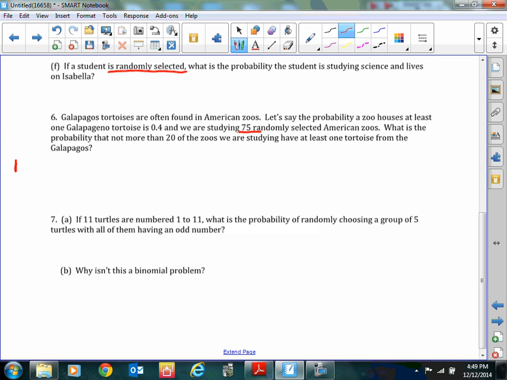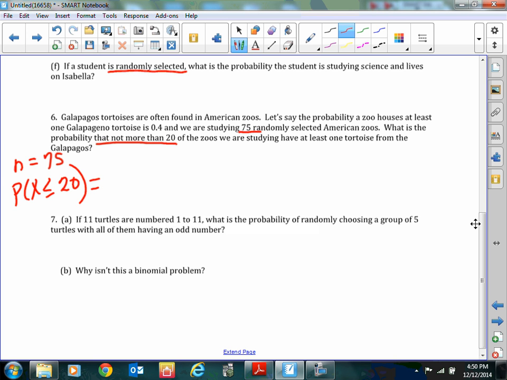Of those 75, what's the probability that not more than 20 will have a tortoise from the Galapagos Islands? That means you need to find the probability that X is less than or equal to 20.